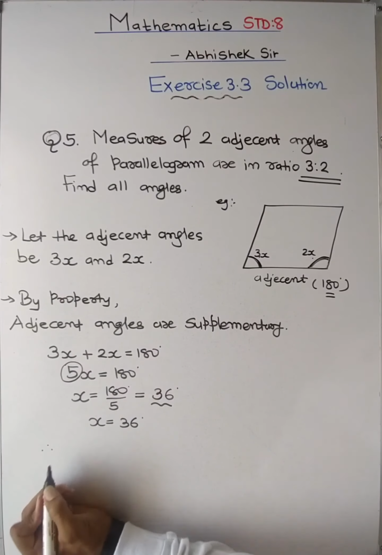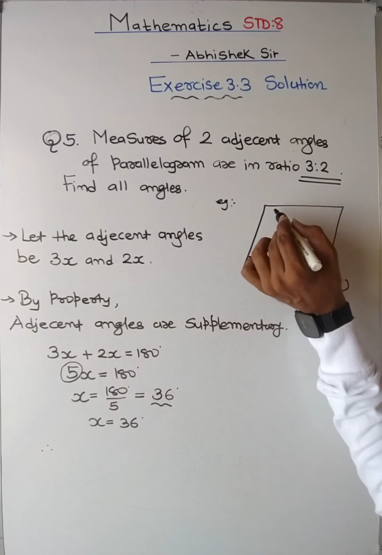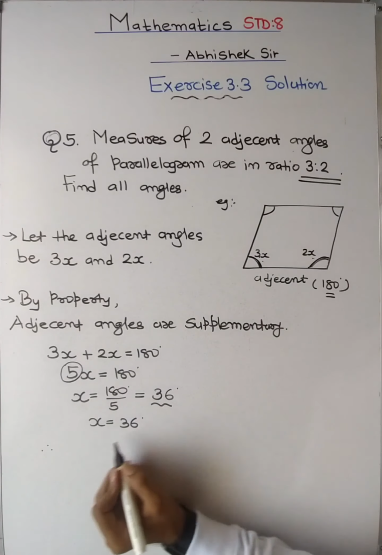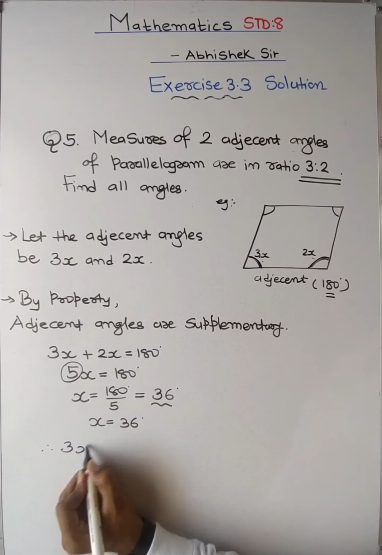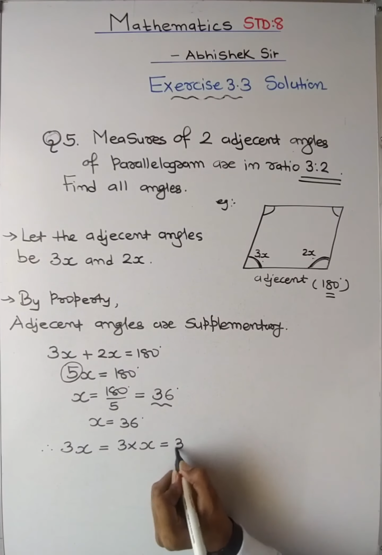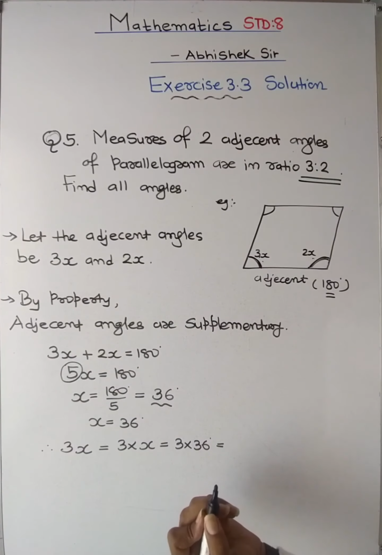So till now we haven't got the main answer because we have to find out all the angles. Clear? This one as well, this one as well, and 3x and 2x as well. Right now we have got only x. So let us find out 3x, that is 3 into 36.